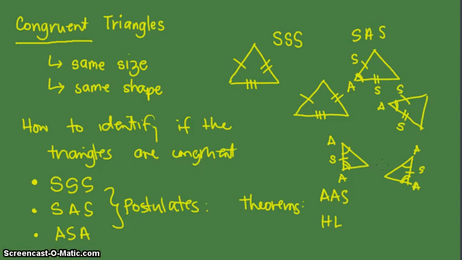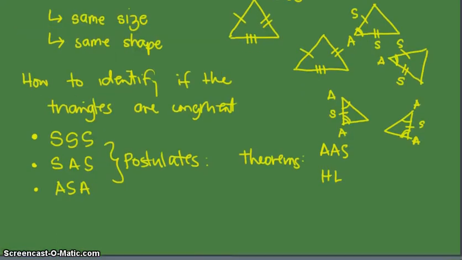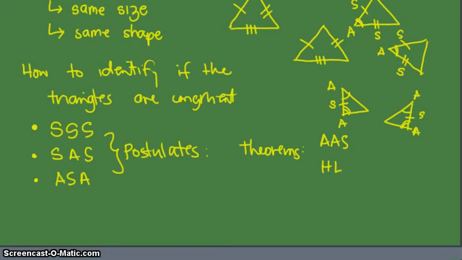Okay, so I hope that is still clear. Now, what about AAS? These are theorems. It means they came from the three postulates. So let's start with AAS. Let's create another pair of triangles.